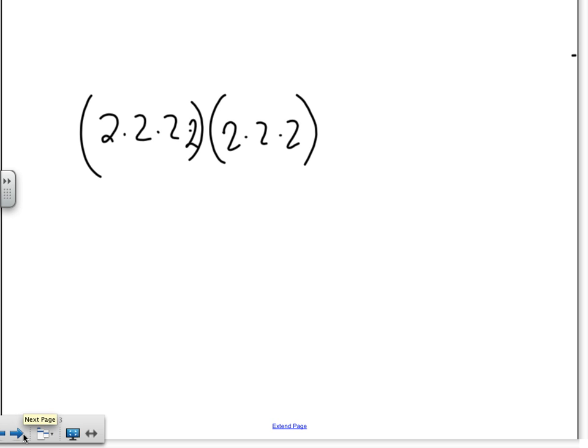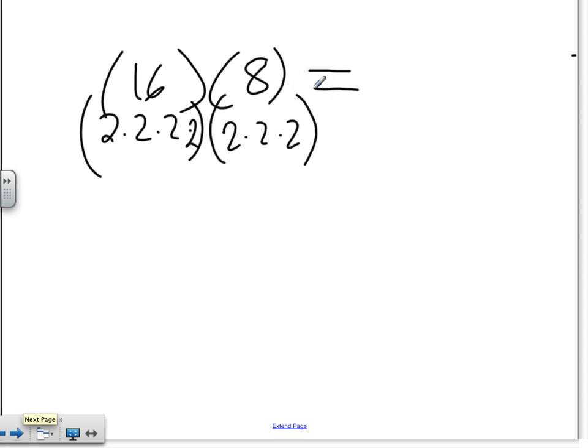This is too long, right? I don't want to have to write a whole bunch of 2's. But clearly, you see that this is 2 times 2 times 2 times 2, which becomes 16. And this is 8. And since they're all multiplying, technically they're all considered to be one monomial, isn't it? Like that by multiplication. So 16 times 8 is 128, you said.